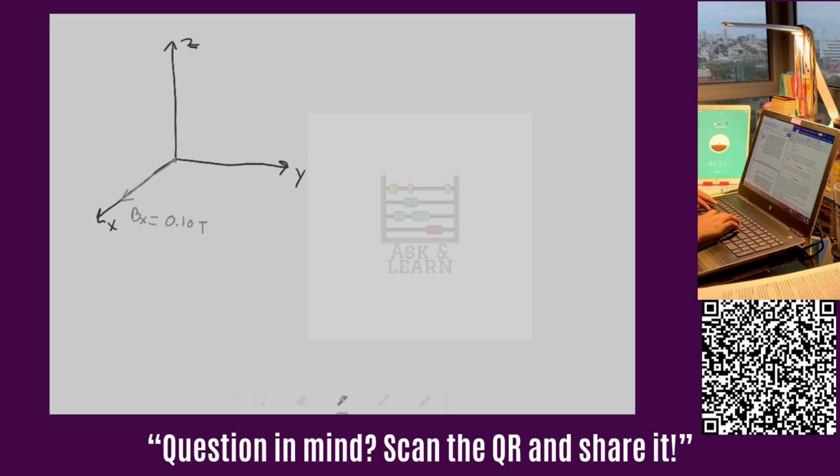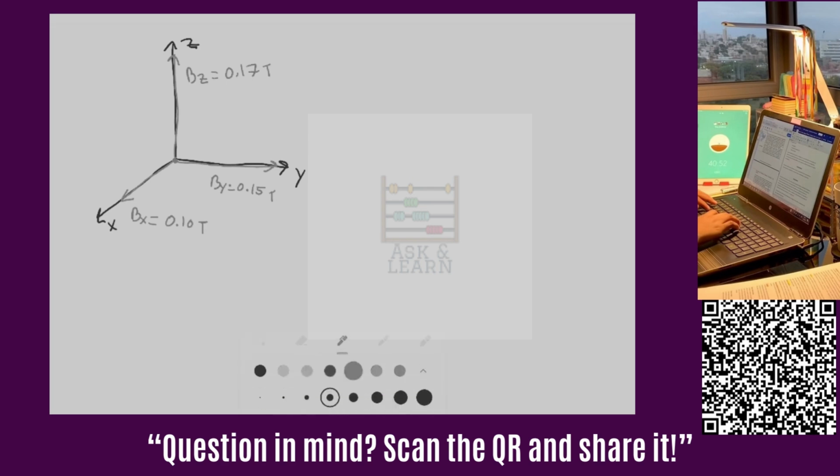We're going to have a component in the y direction that's given by, let's try to draw it a little longer, right? By 0.15 teslas. And then we have a component in the z direction, a little bit longer than that, just a tad. Bz is equal to 0.17 teslas. Okay, so that's the information about the components of the magnetic field.